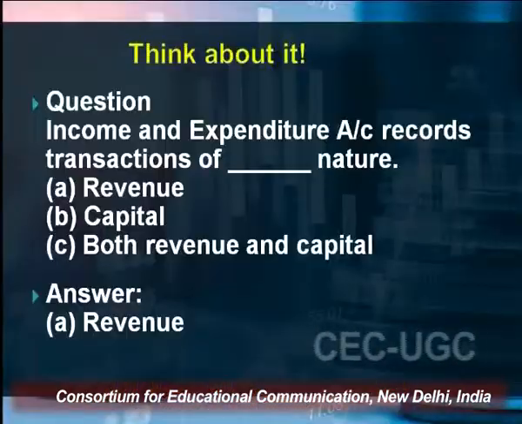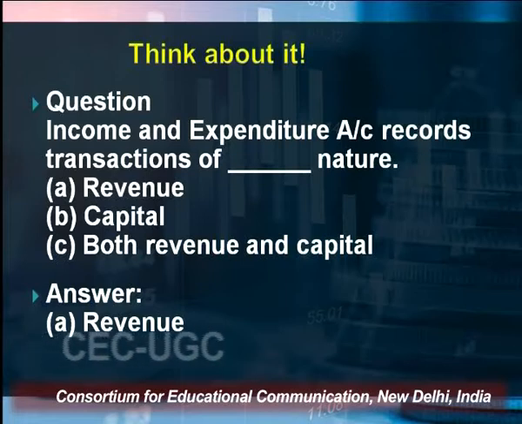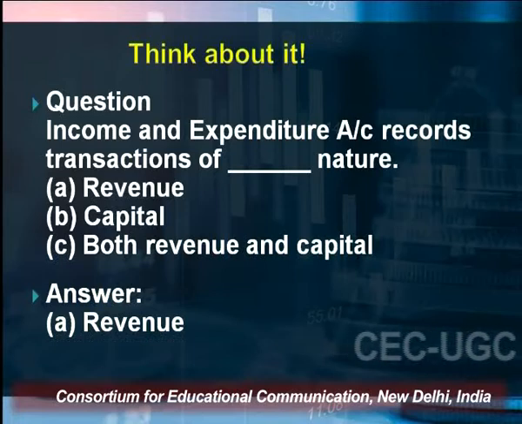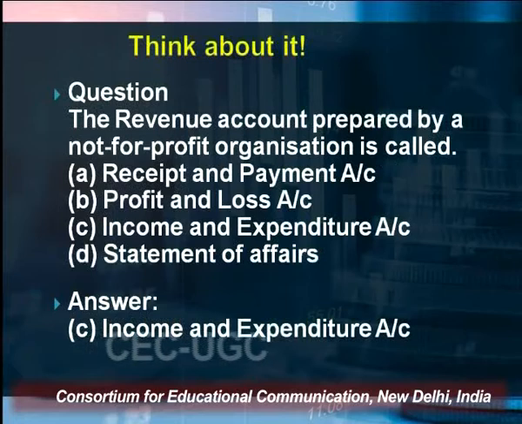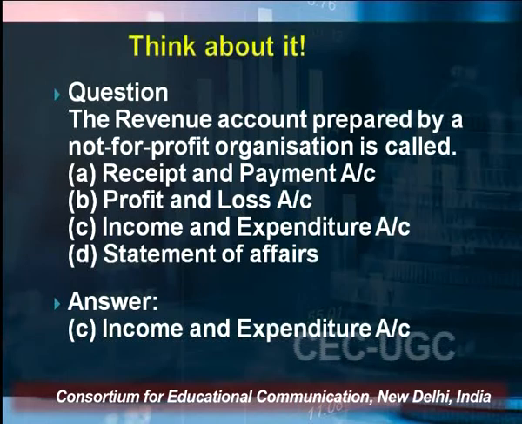Certainly the answer is, it records only revenue nature items pertaining to receipts and expenses. The third and last question: the revenue account prepared by a not-for-profit organization is called what? I believe you have learned that this is called income and expenditure account, right?